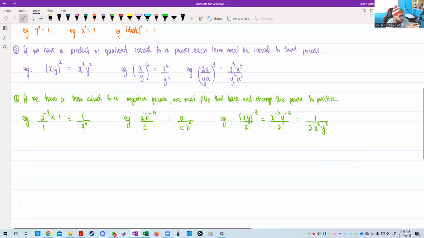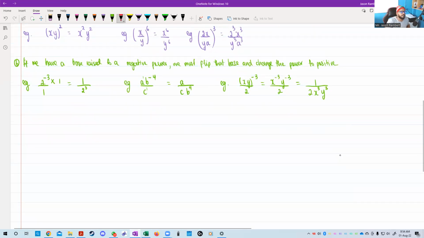You see how the law worked from a negative power to a positive power? The reverse works as well. So if I were to redefine law 6, I would say: if we have a base and we are moving the base from numerator to denominator or vice versa, I will illustrate as I write.